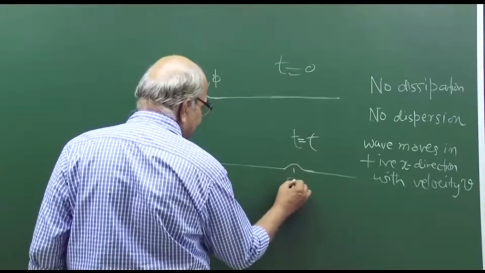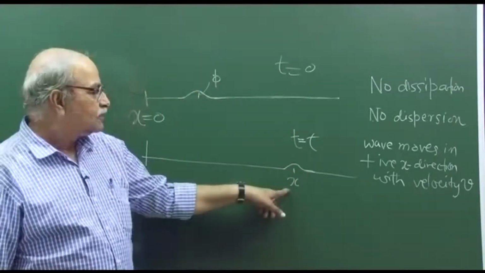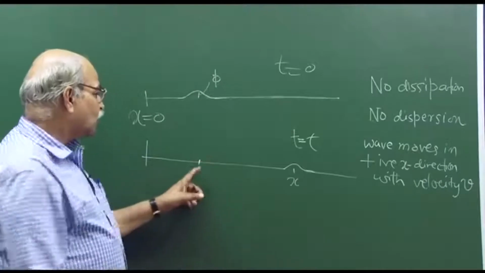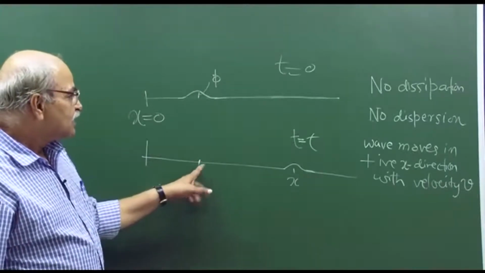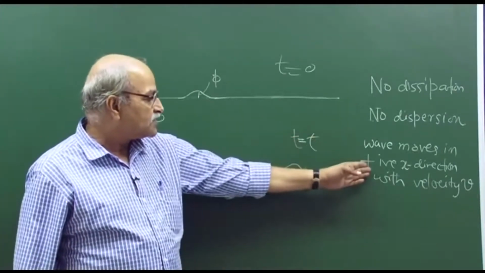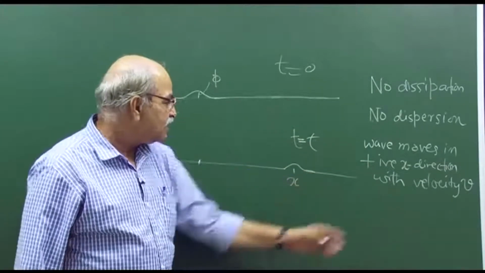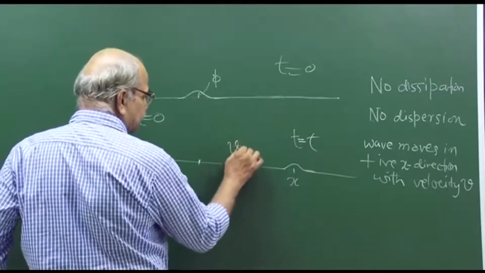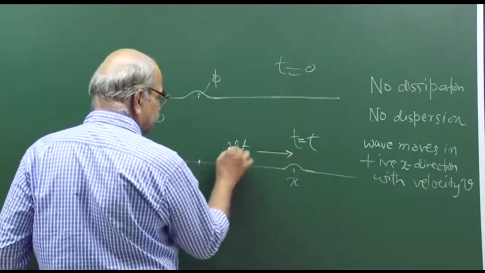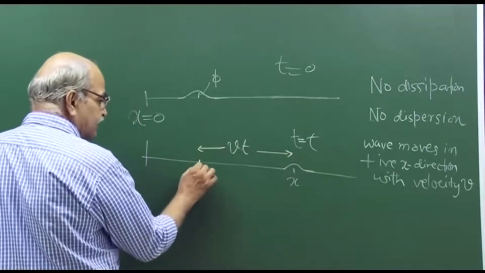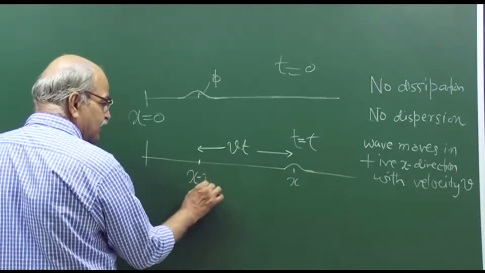This point is x. So, what is the coordinate of this point? Since the wave is moving in positive x direction with velocity v, this distance must be vt. And hence the coordinate here should be x minus vt.